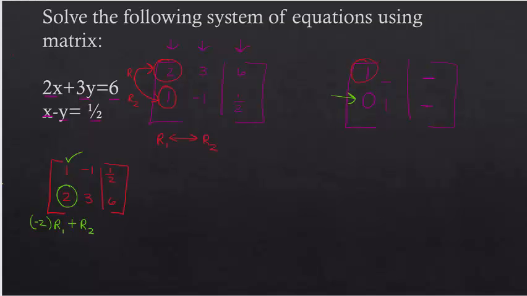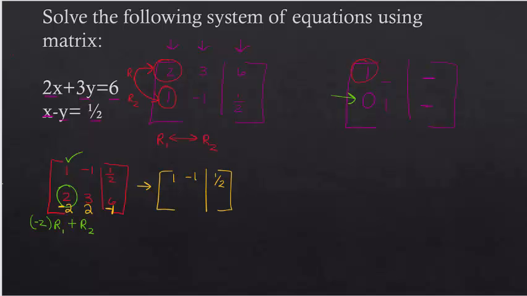All right, so 1 times -2 is -2. -1 times -2 is +2. And 1/2 times -2 is going to be -1. So our new matrix now is going to have a 1, a -1, and a 1/2. That top row stayed the same.